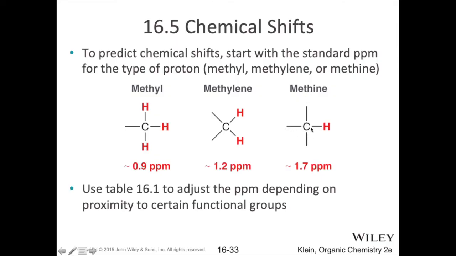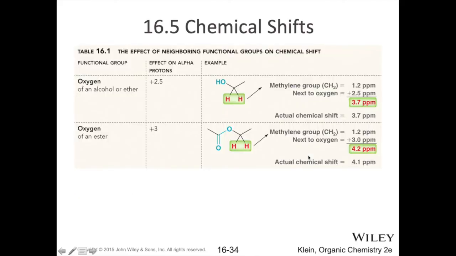It's got 3 other groups coming off of it that are not hydrogens. Accordingly, your signals should show up somewhere in each of these ballparks, and we're going to do certain calculations that help us predict what chemical shift to expect for those protons, based on what other groups are attached to those carbons. But these are the starting points for those types of carbons.